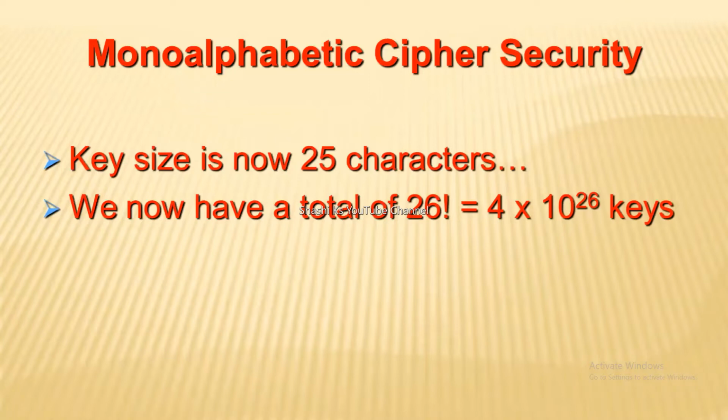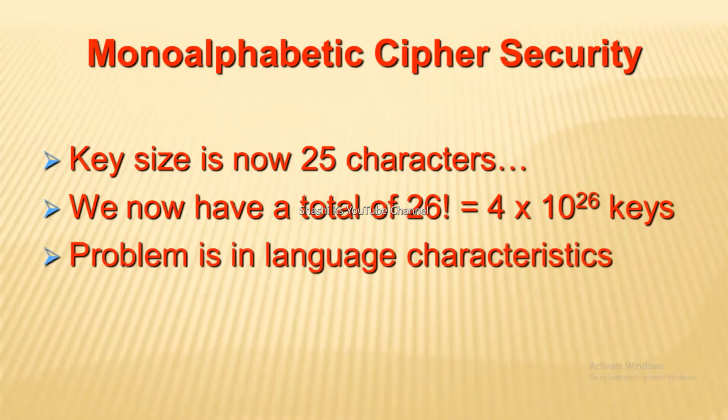When you talk about the security of monoalphabetic ciphers, the key size has now become 26 characters. So we have now 26 factorial combinations, which is a total of about 4 times 10 to the power 26 keys. So our key space has become larger compared to Caesar cipher.